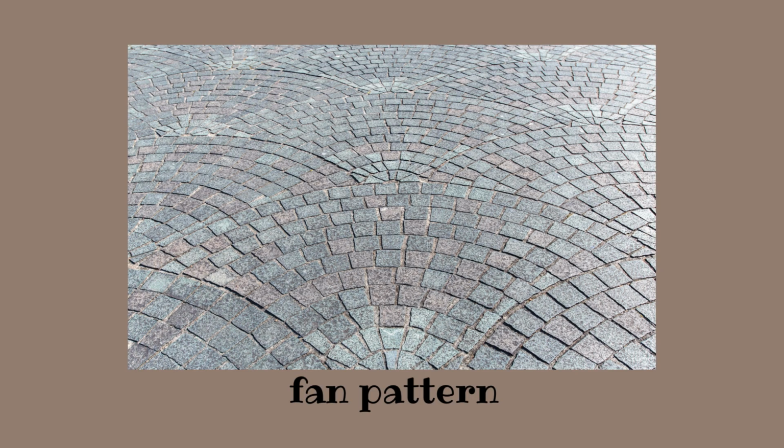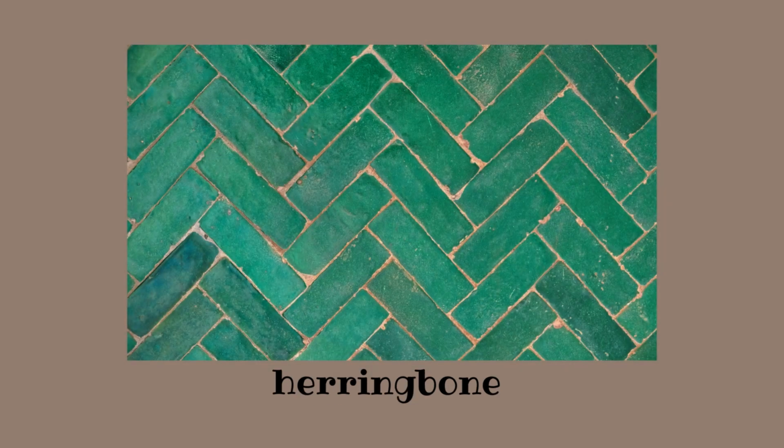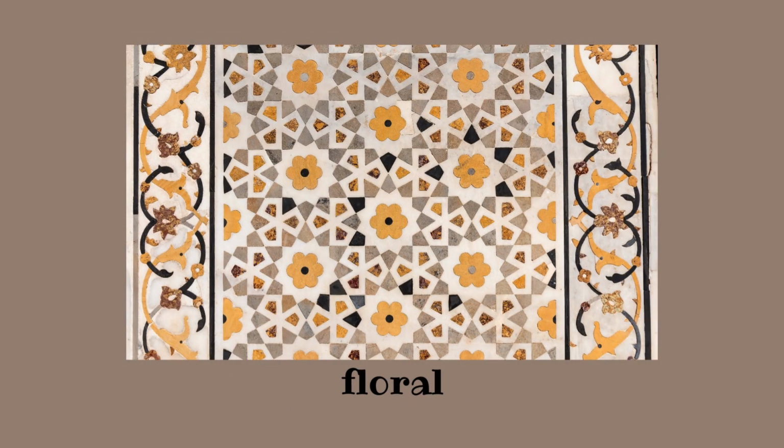And you can also have a fan pattern. So, do you remember what type of stone this is? Cobblestone. And this one, herringbone, I think this is really elegant and it's also symmetrical, really stylish. I don't have that, but maybe in the future I would go for this style. It's really awesome. The last one, floral.